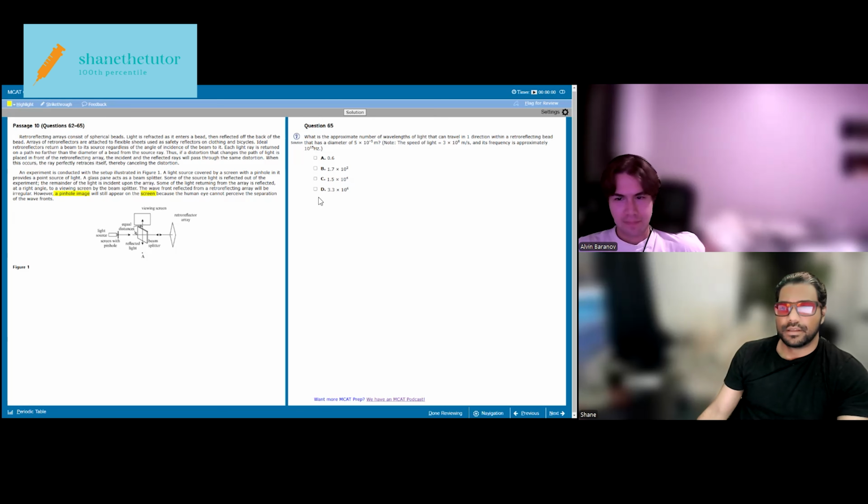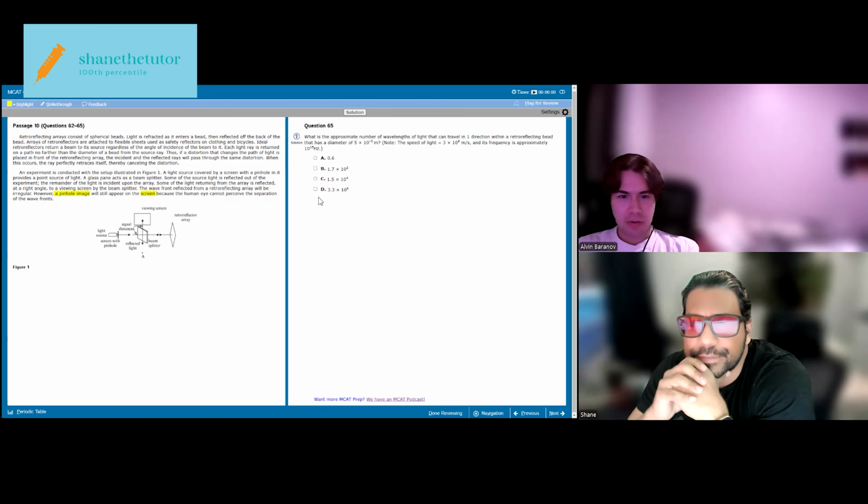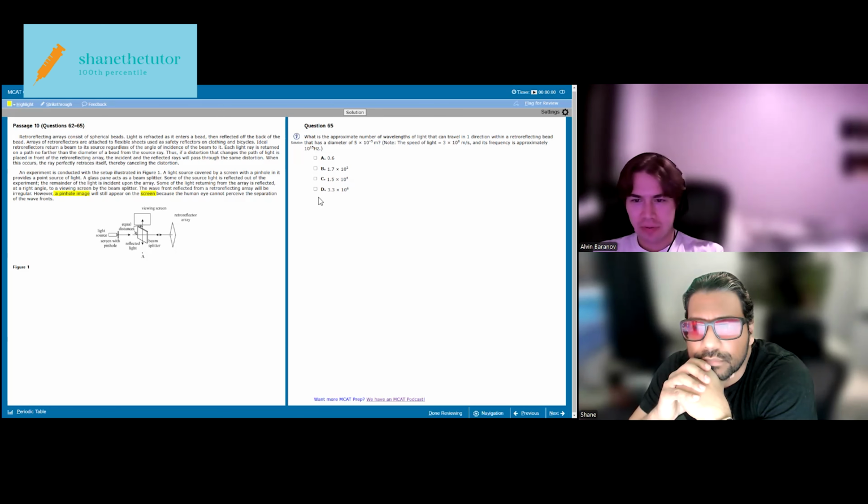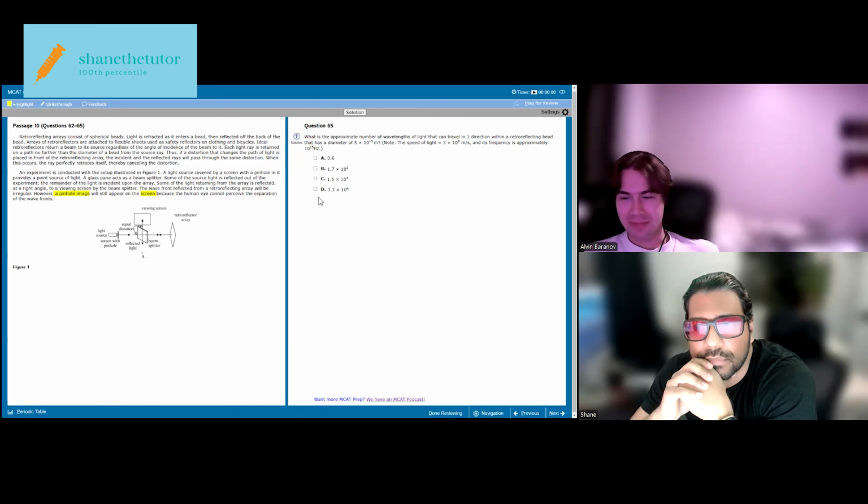Right. So the first thing I would do is find the wavelength by doing v equals f times lambda. And once I got the lambda is where I would get stuck, and I would just be like, okay, time to flag and move on.